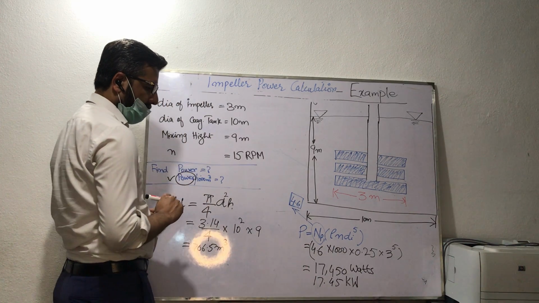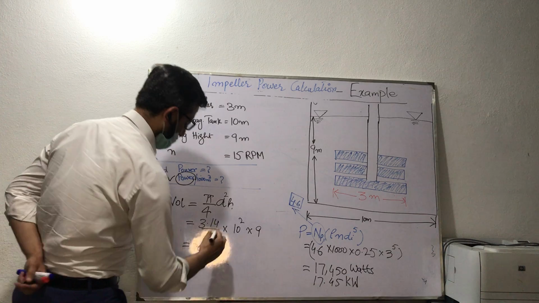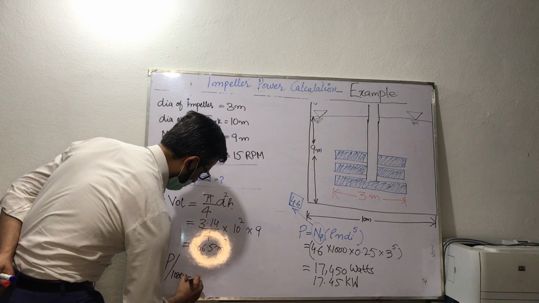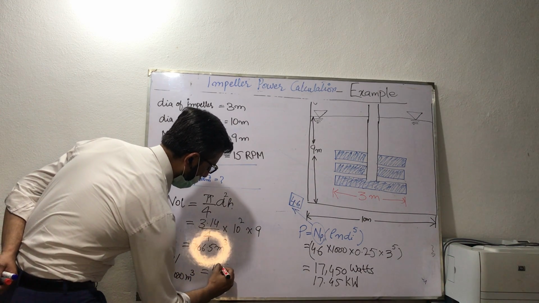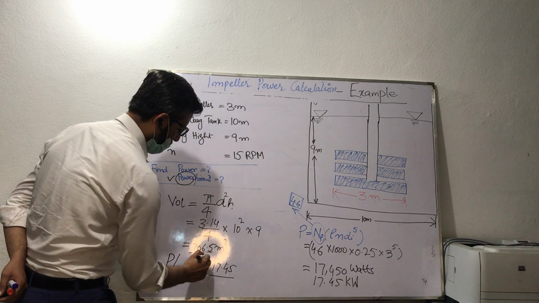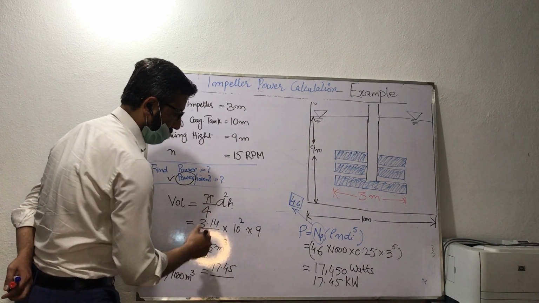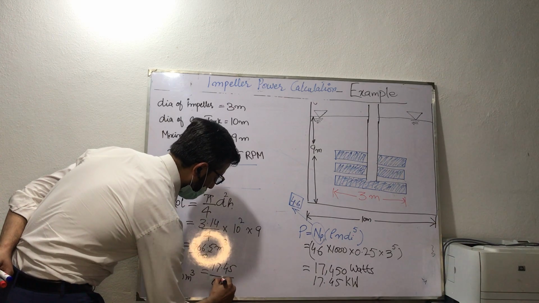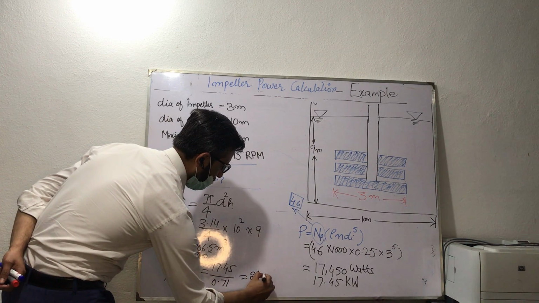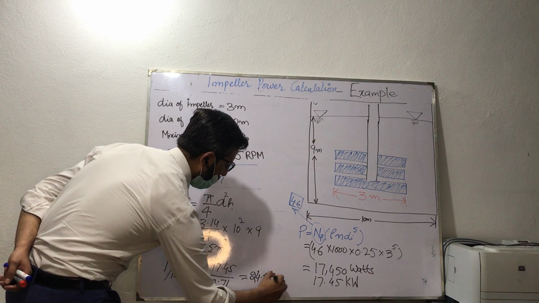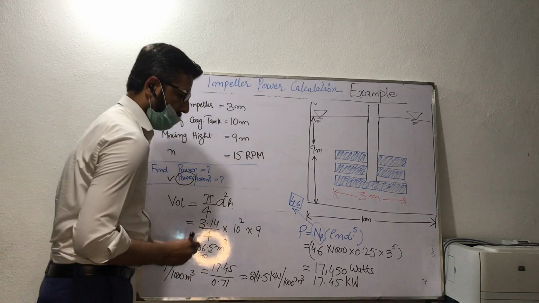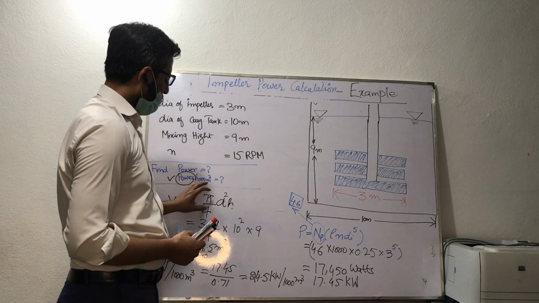We can easily calculate the value over here, that we have power per 1000 cubic meter as 17.45 kilowatt, divide this value by the volume in thousands, and it would be around 0.71, and the power required for this would be around 24.5 kilowatt per 1000 cubic meter. So this is the power requirement per 1000 cubic meter.